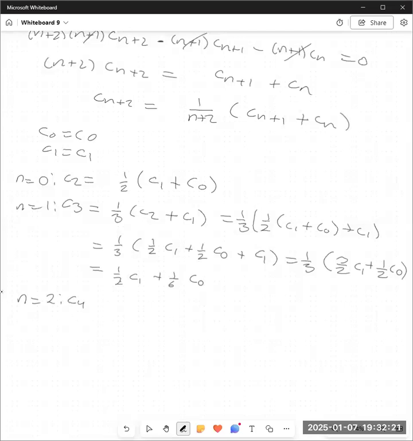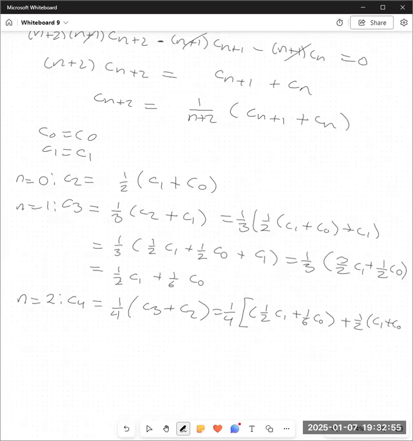So c4 is going to be my last one that I'm going to do here. It's going to be 1/4 of c3 plus c2. c3 is 1/2 c1 plus 1/6 c0, and c2 is 1/2 of c1 plus c0.